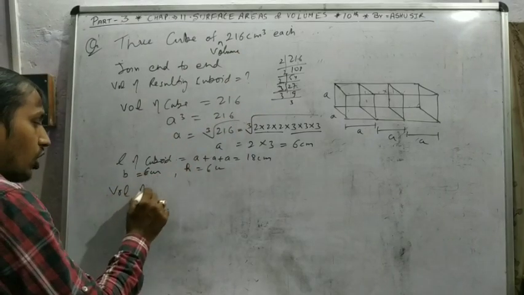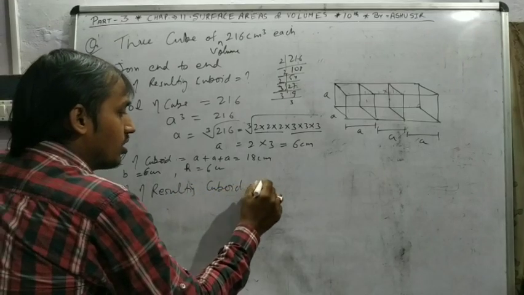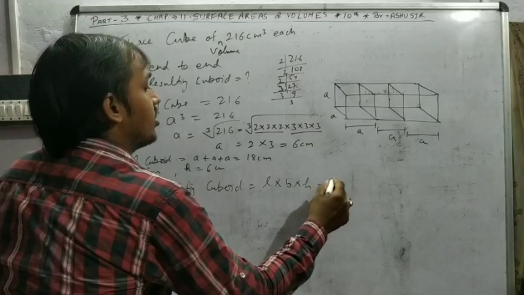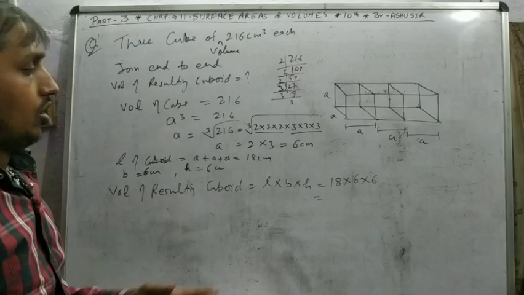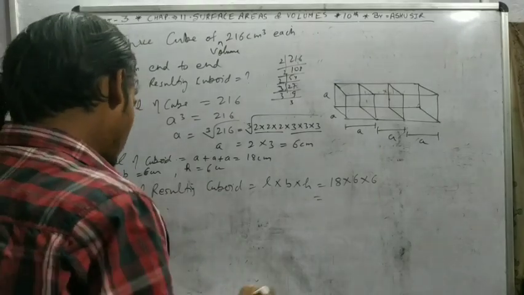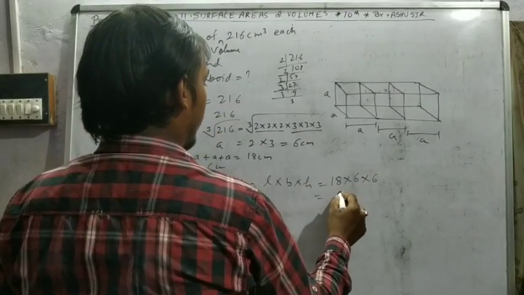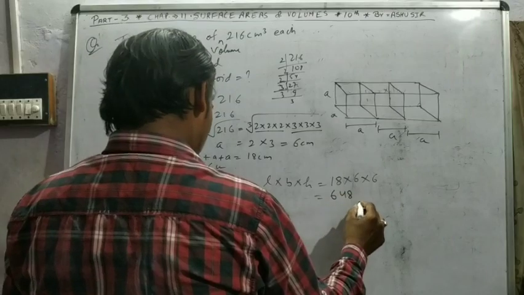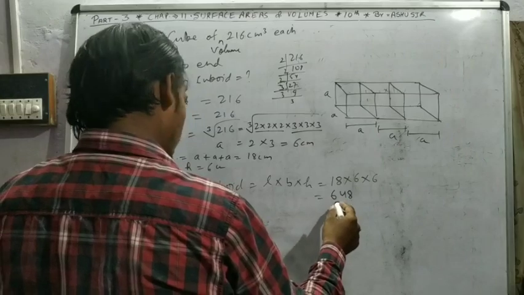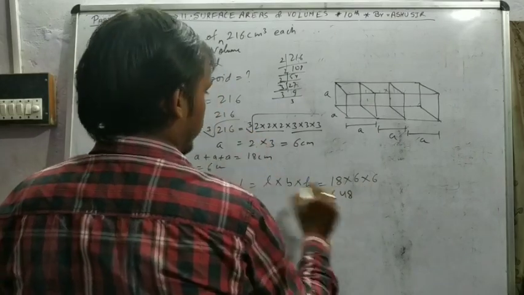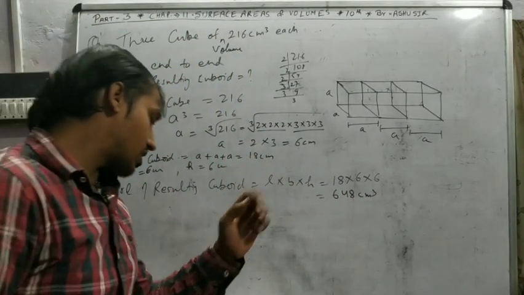So the volume of the resulting cuboid is length, breadth, height: 18 into 6 into 6. Multiply this, 216 into 3, 648 centimeter cube.